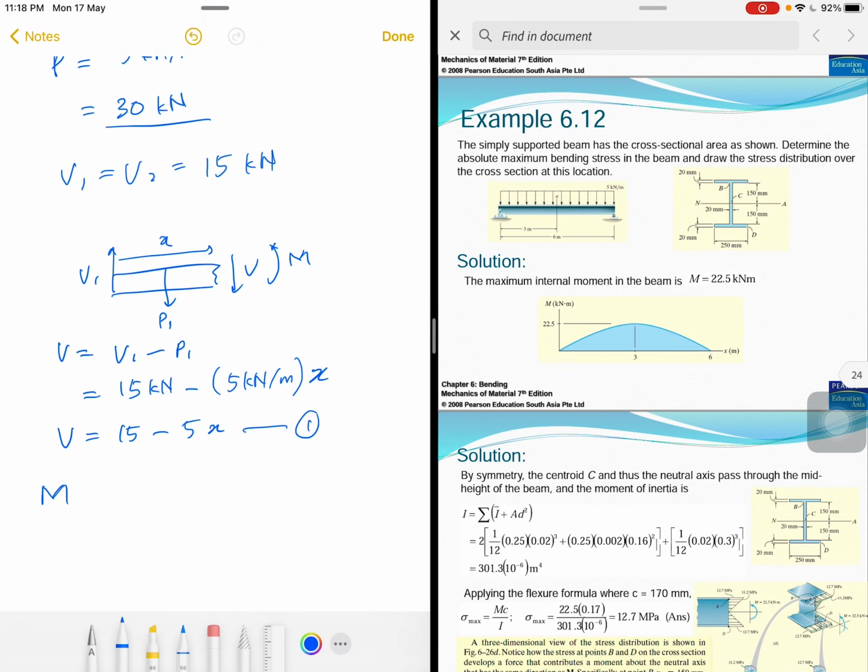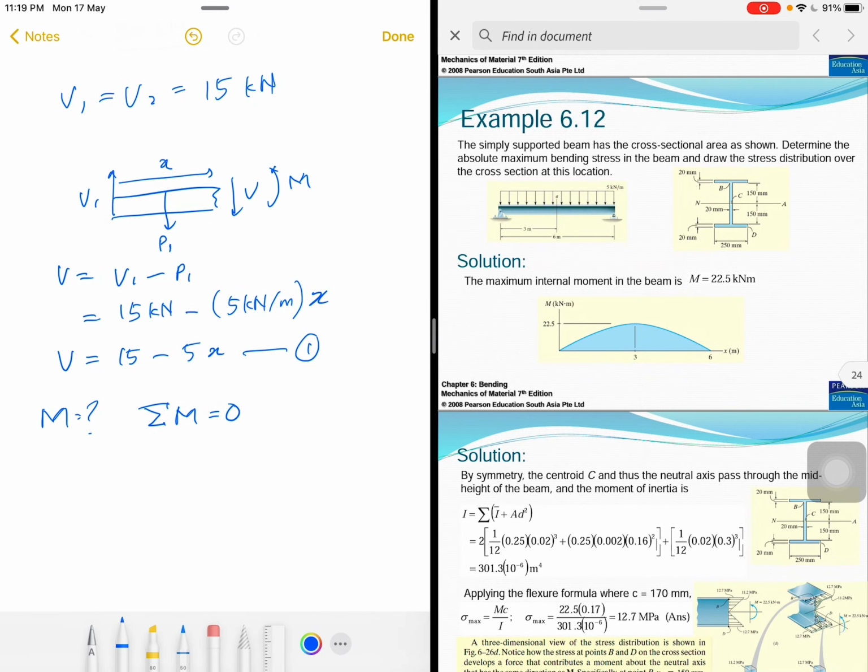Now we want to find the equation for moment. So we consider the same diagram right here. Okay, so the moment involved in this diagram is, again, net moment is equal to 0. So we consider the pivot to be at the cross section, at the cut.